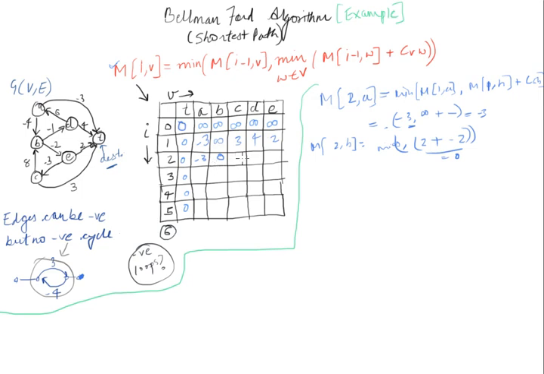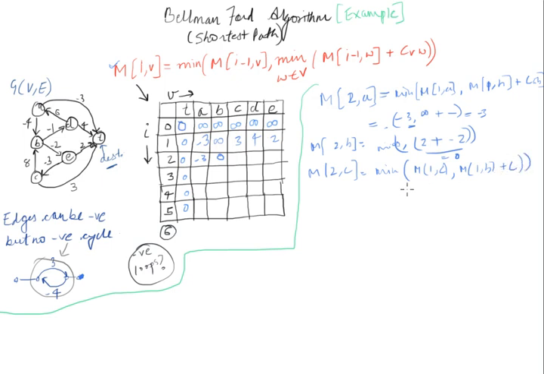Then from C to T using 2 edges, this is the direct edge, and through B is the only other edge. So M(2, C) is equal to the minimum of M(1, C), or M(1, B) plus the cost.